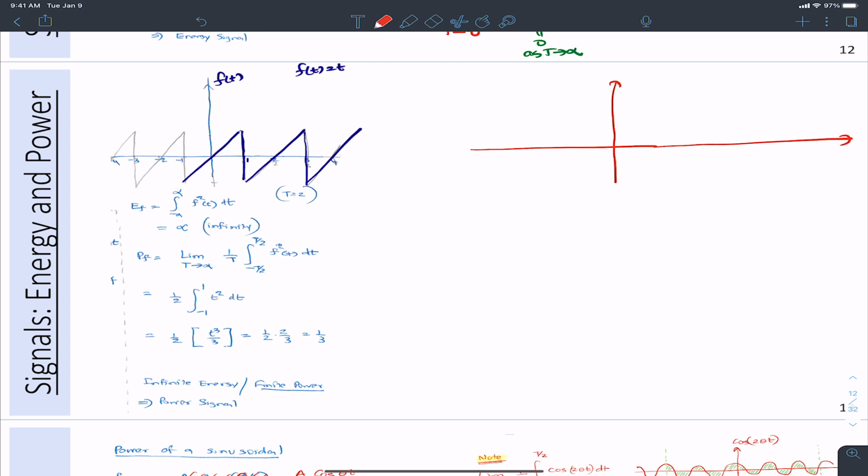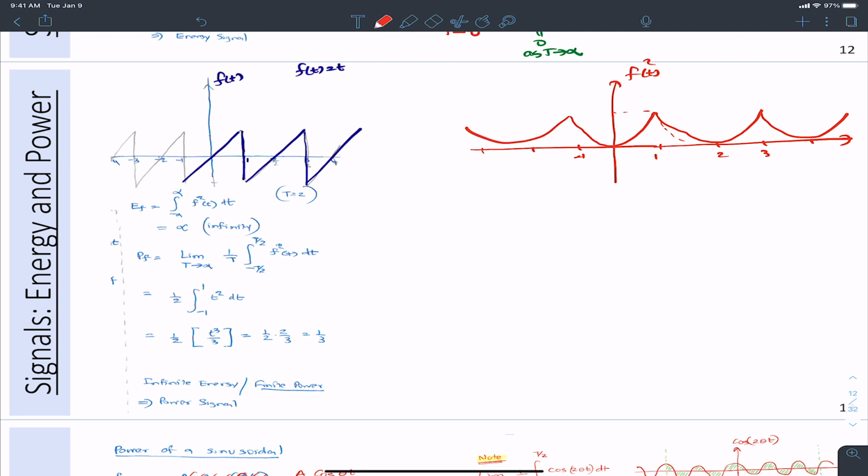At -1, 1, 2, 3, and so on, f(t) squared is going to look something like this, and then something like this, right?